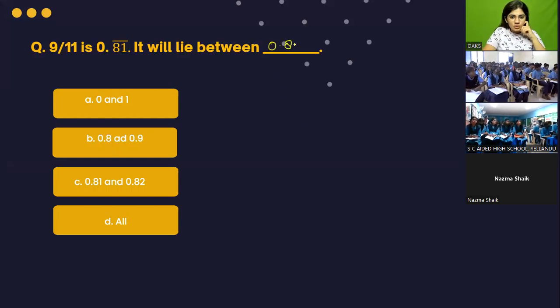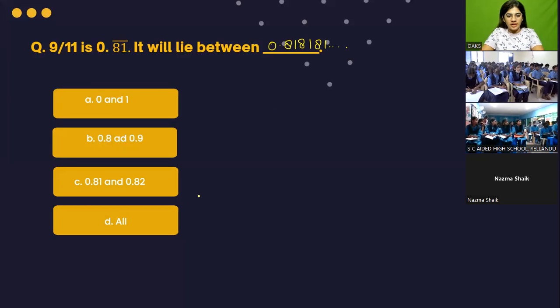This will look like 0.81, 81, 81 and so on. It will lie somewhere on the number line, but between what numbers? Can anyone answer? What happened? School 1, can you answer?